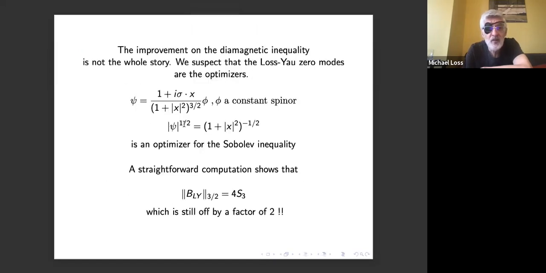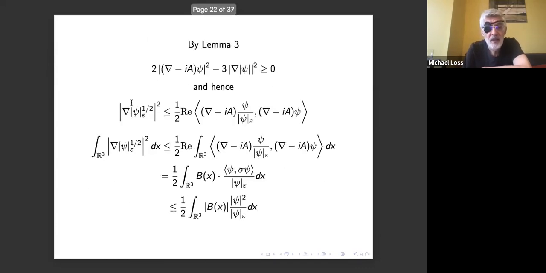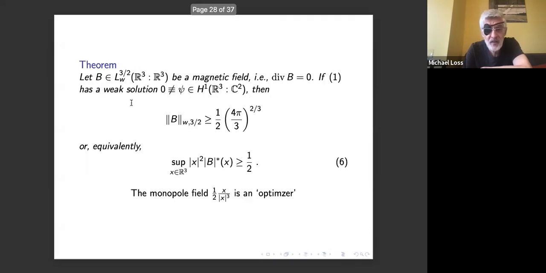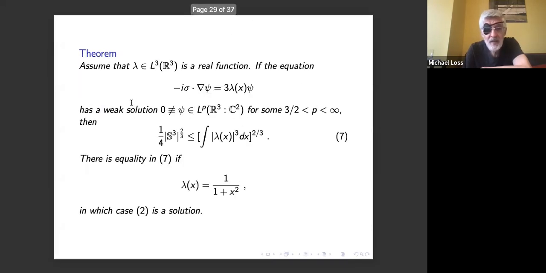When you take this spinor and you apply minus i sigma dot grad to it, you get precisely 3 times 1 divided by 1 plus x squared times psi. So in other words, it's not only a necessary condition, but if you have equality, you actually have an example. So this is sharp, right?